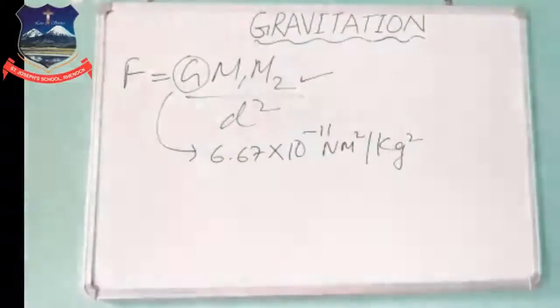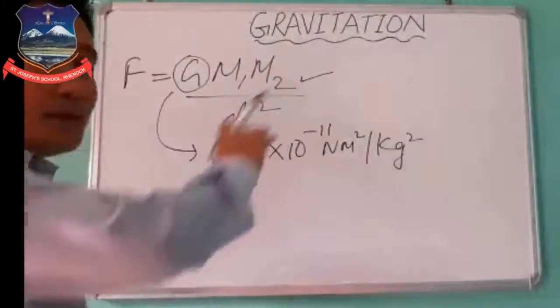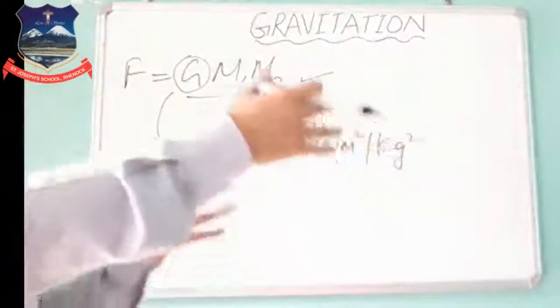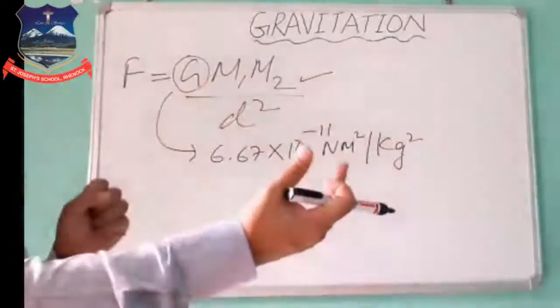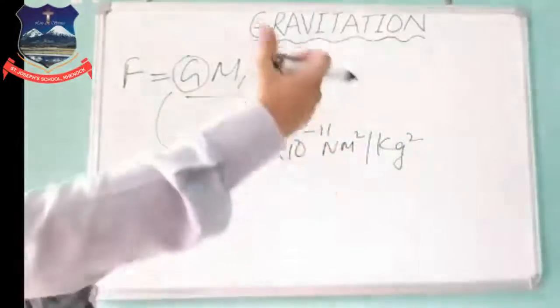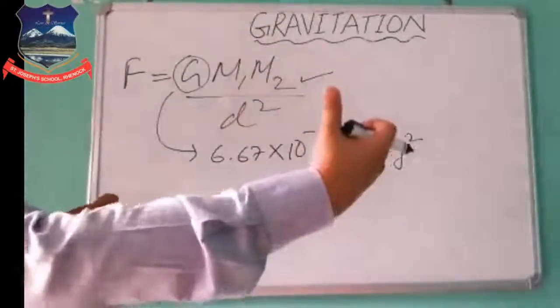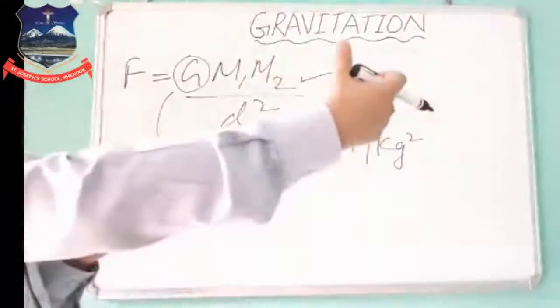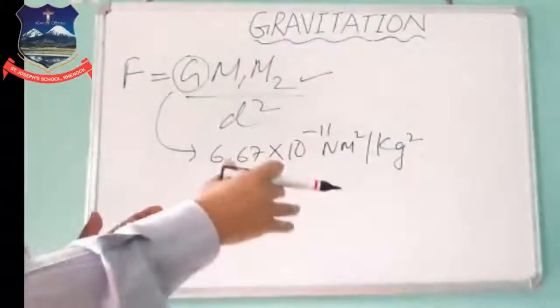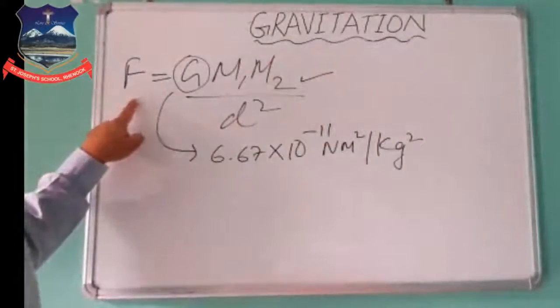As I already told you, body A and body B are separated at a distance d. Body A can pull body B towards A, or body B can pull body A towards B. Now when you increase the separation, the gravitational force will become less.